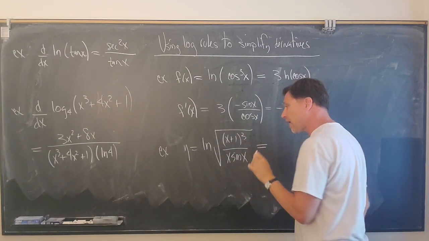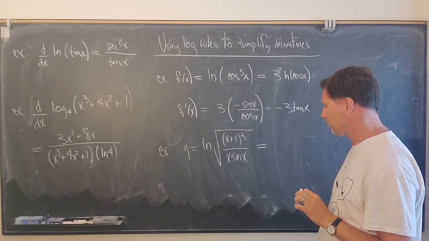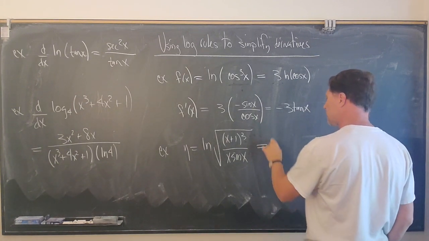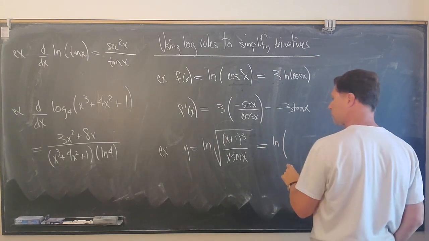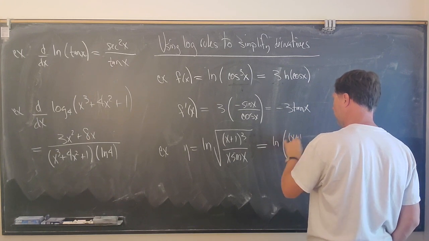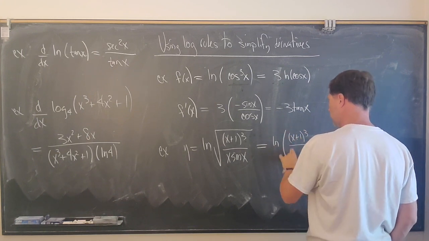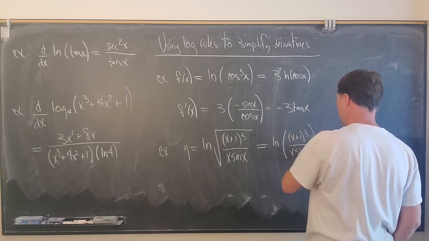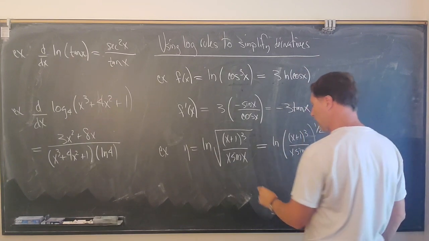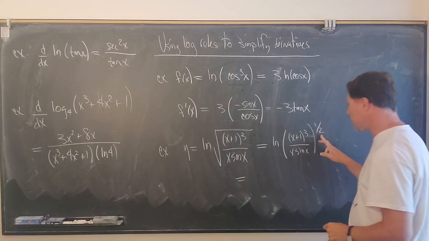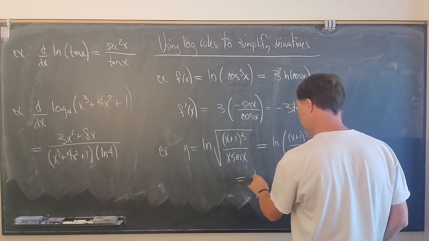I'm going to simplify before I compute the derivative. So first, recognize this is a natural log of x plus 1 cubed over x sine x, all raised to the 1/2. And so when I simplify, the first thing I'm going to do is bring this exponent out front. That gives us a 1/2.